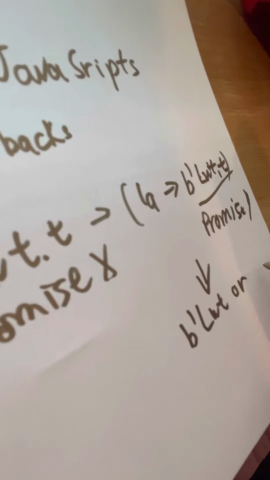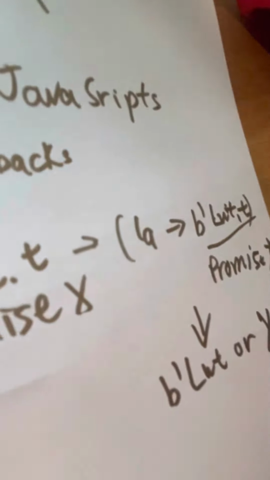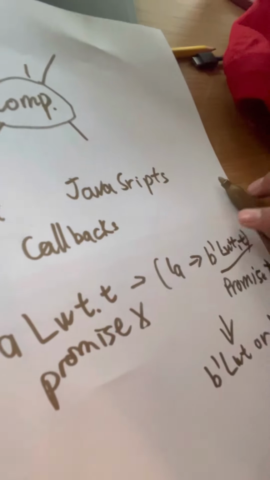Or, this is promise Z, and this is promise Y, the final promise as returned to the user.